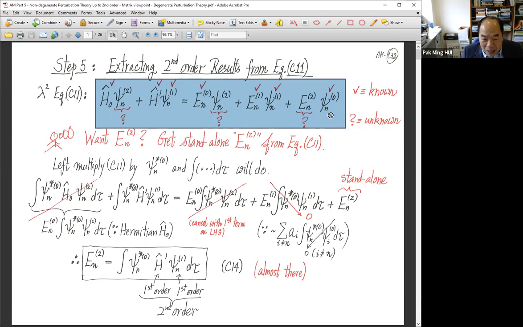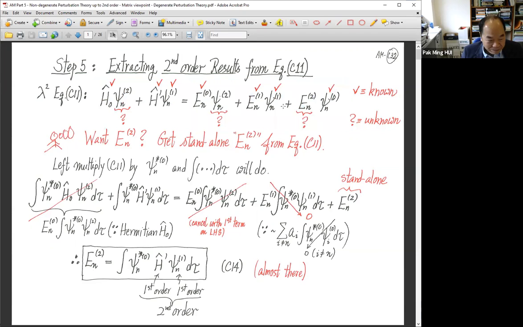So what to multiply in? Easy, right? Multiply in the 0th order n state, do integration. Okay? So let's do that. We have 5 terms. After we do this, intentionally, this becomes standalone.